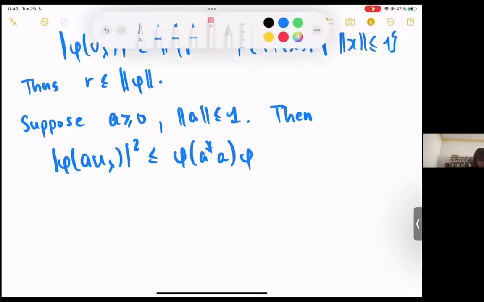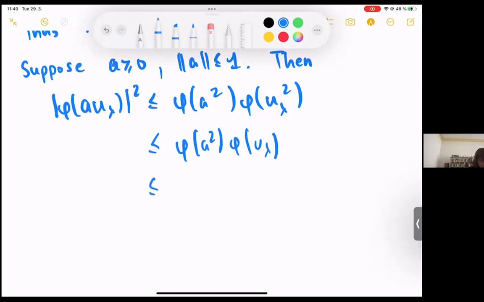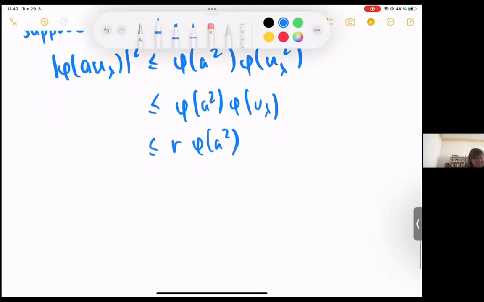So let's get rid of that. And u lambda is also positive, so we get phi of u lambda squared. And this is less than phi of A squared times phi of u lambda, because u lambda is smaller than u lambda squared, which was bounded by R.